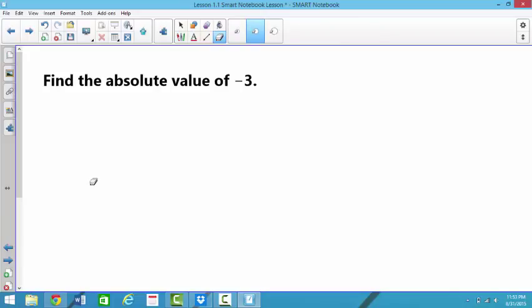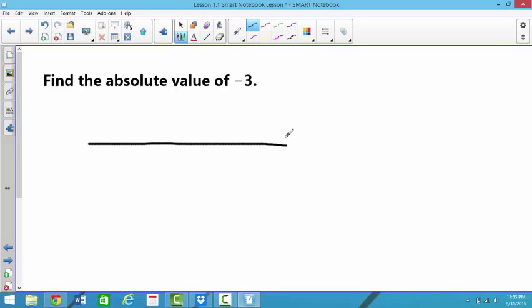Okay? So the absolute value of -3. Pause your computer and find the absolute value of -3, drawing that number line. Okay, the absolute value of -3. Well, if this is 0, this is -1, this is -2, this is -3.